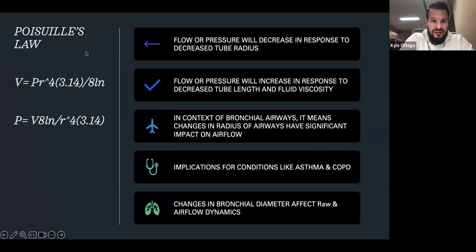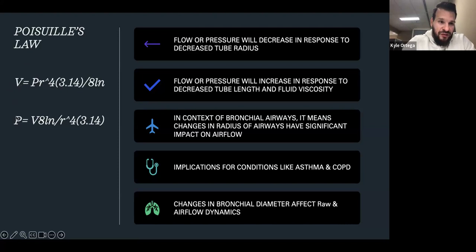Now we're talking about Poiseuille's law. Here's a formula written on the side. You've got V equals P R to the fourth power times pi divided by 8 eta L. The V is flow in the top one.